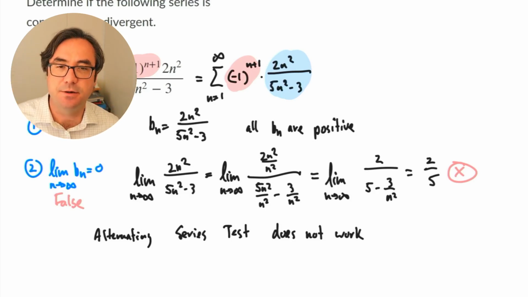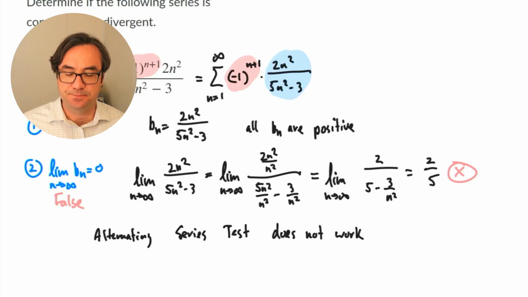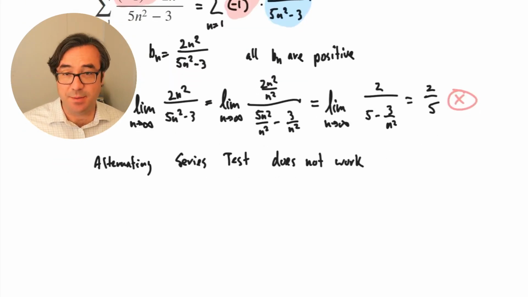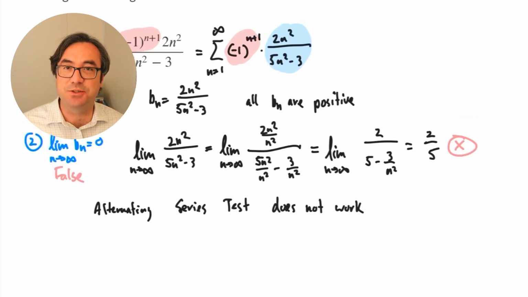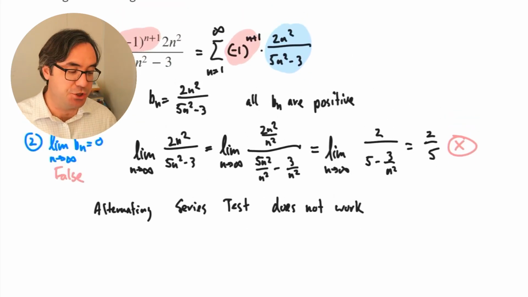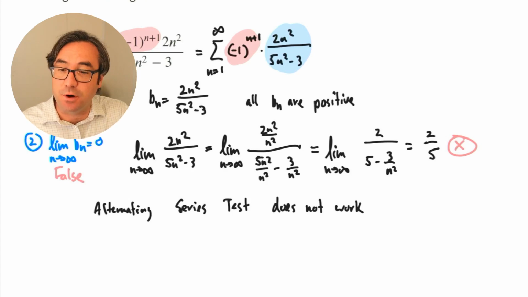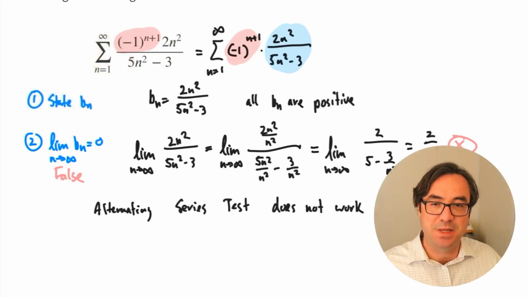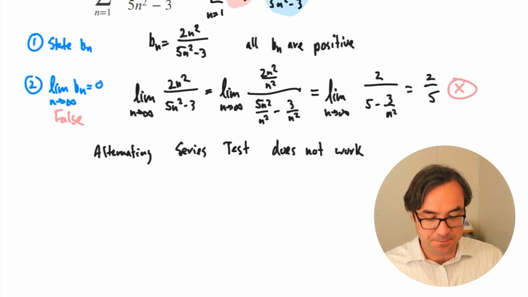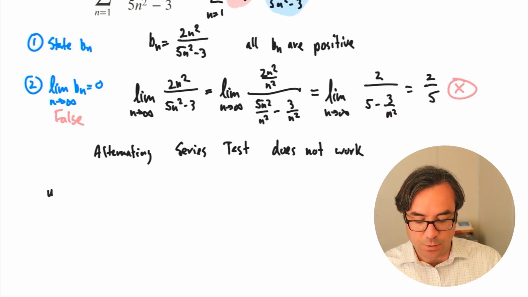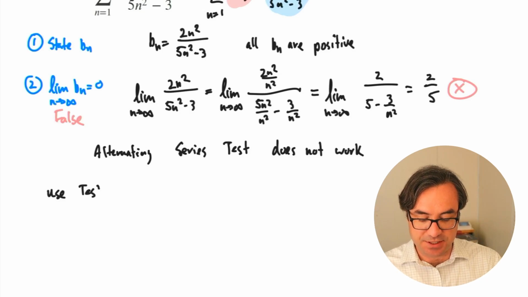The limit here is not equal to 0. Well, the nice thing is if this happens, we can just immediately switch over to a test that we've looked at before, and that is our test for divergence. So when this happens, we can use the test for divergence instead.